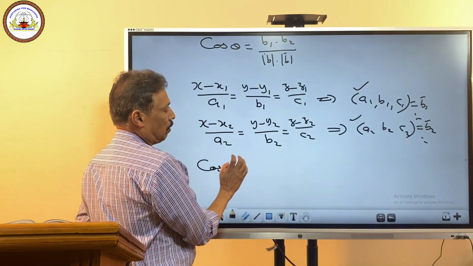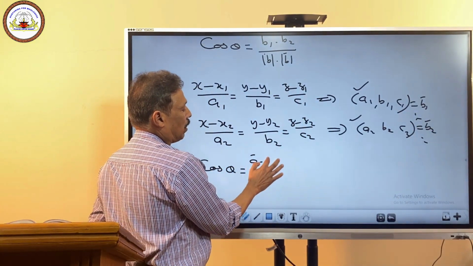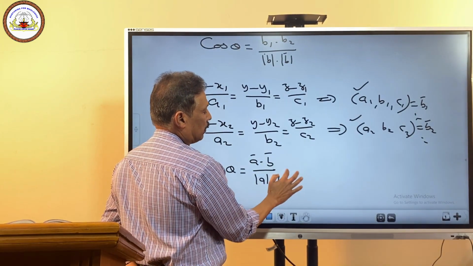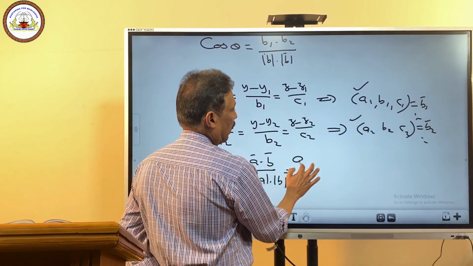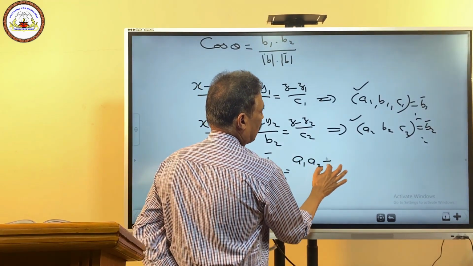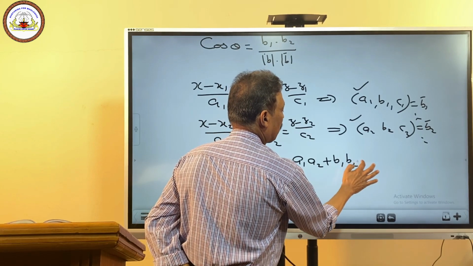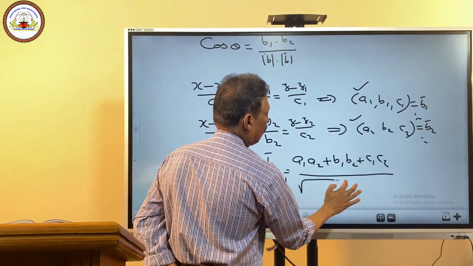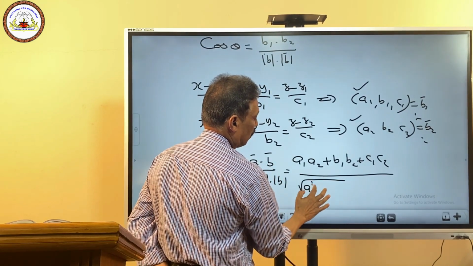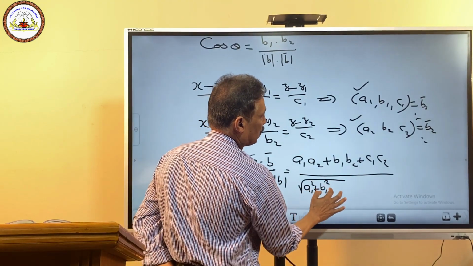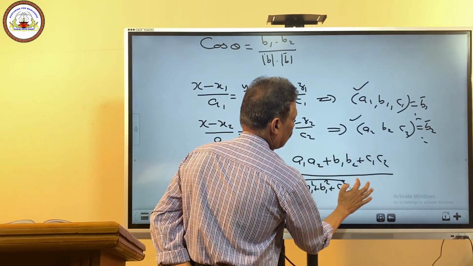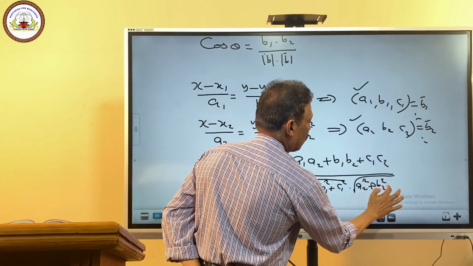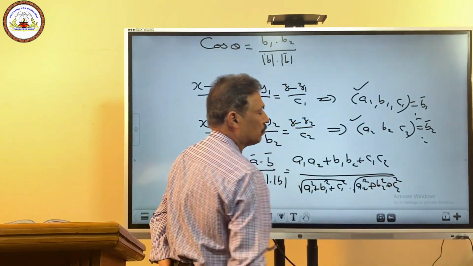So we apply the formula cos theta = a bar dot b bar divided by mod a into mod b, that is a dot b equal to a1 a2 + b1 b2 + c1 c2, all divided by the modulus of the first vector, square root of a1 square + b1 square + c1 square, into square root of a2 square + b2 square + c2 square. Apply this formula.